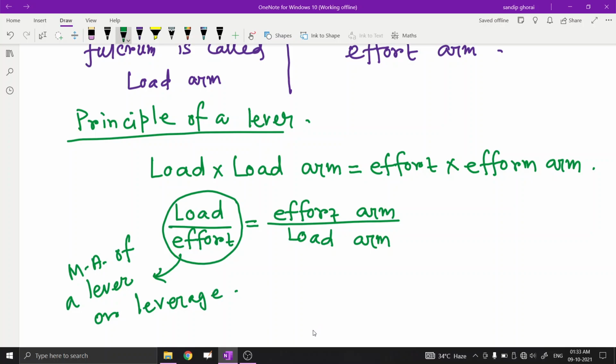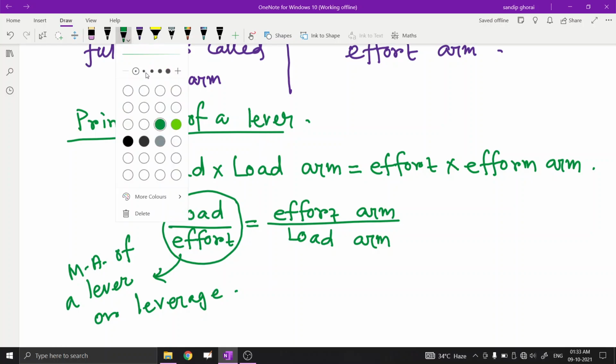Based on the relative position of load, effort and fulcrum, levers can be classified into three different types, or three classes. At first we take a problem, then we move to different types of lever.